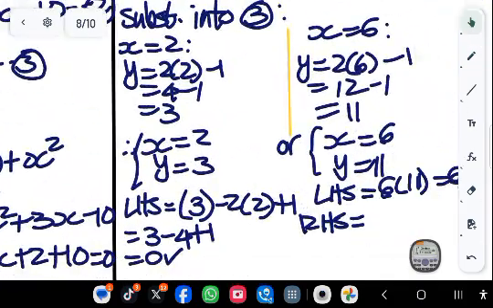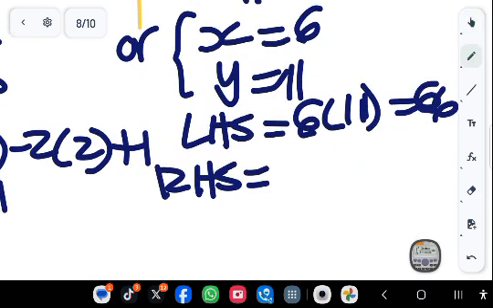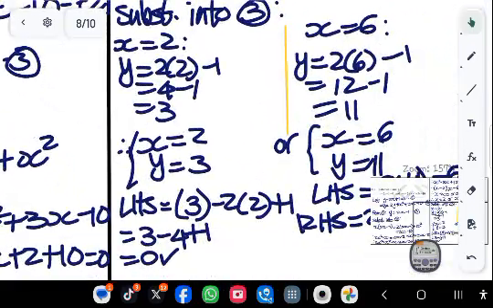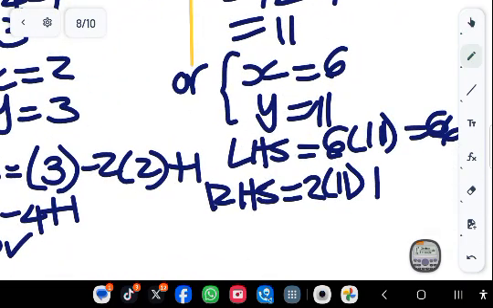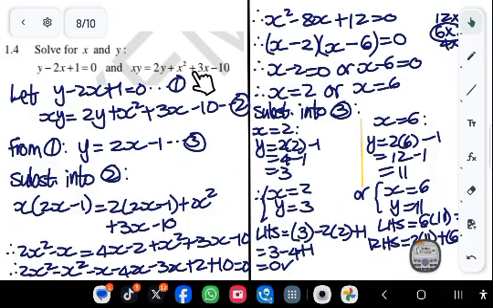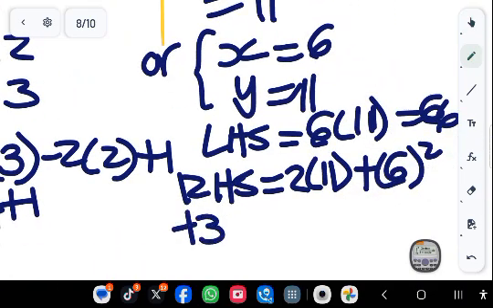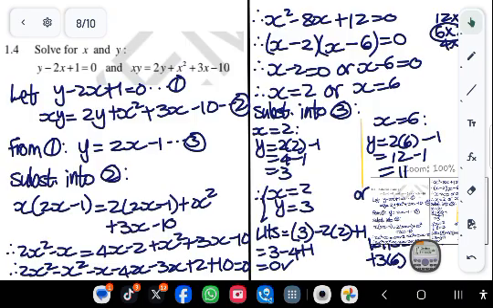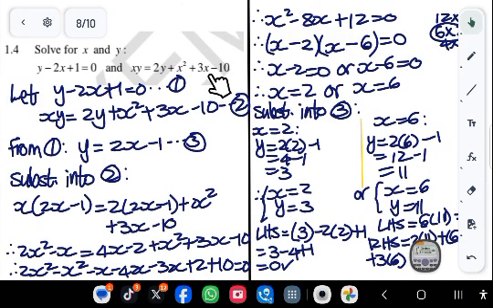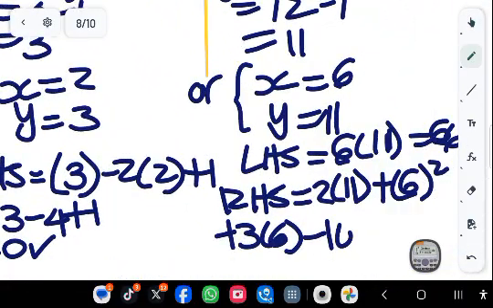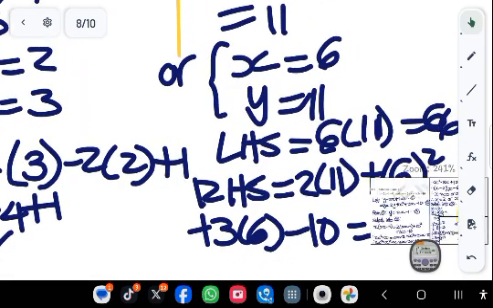So that will be 2 times 11, because that's y, plus 6 all squared, plus 3 times 6, minus 10. Let's use a calculator to check if it gives us 66.